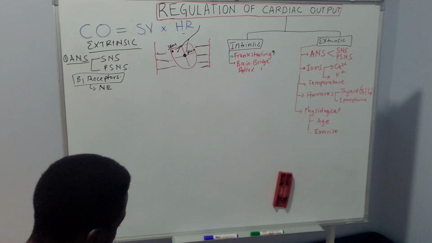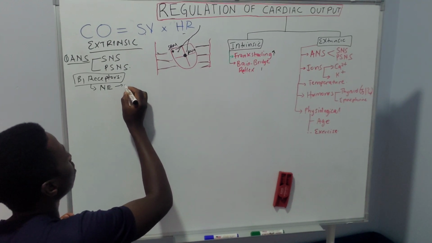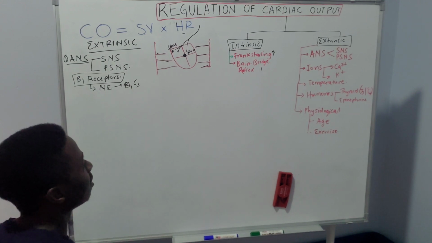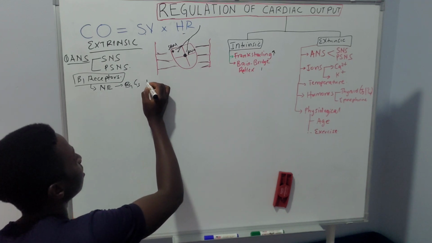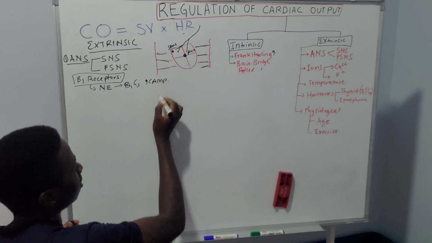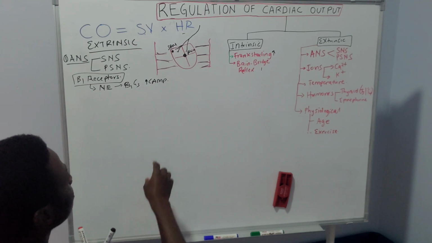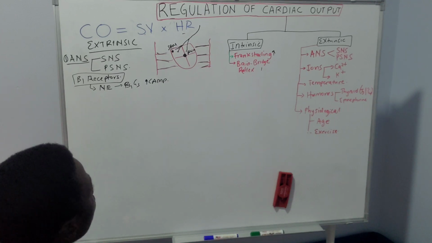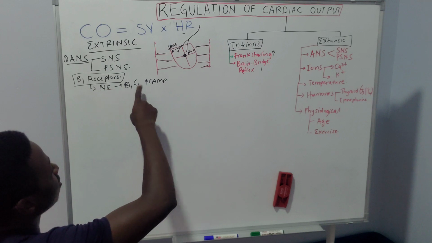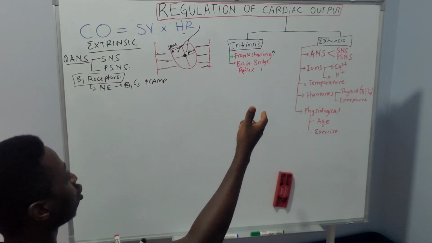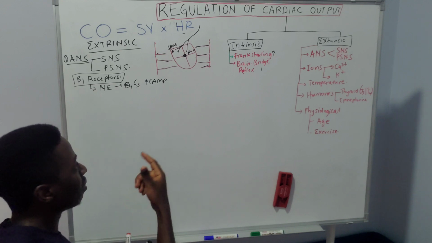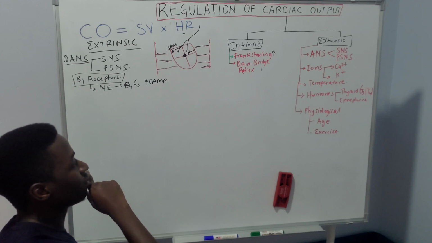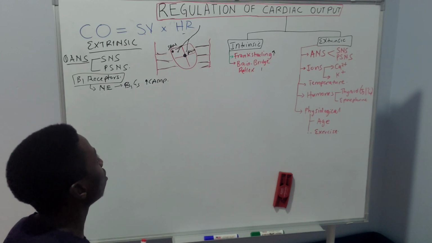Norepinephrine binds to these beta-1 receptors, which are Gs receptors, increasing the cyclic AMP activity. This brings about phosphorylation of channels, opening of channels, and then we get a depolarization. So increased activity of the sympathetic nervous system will increase the depolarization of the sinoatrial node. Remember that to visit the action potential of the sinoatrial node, I've already shot a video on that, and the link is in our description box.